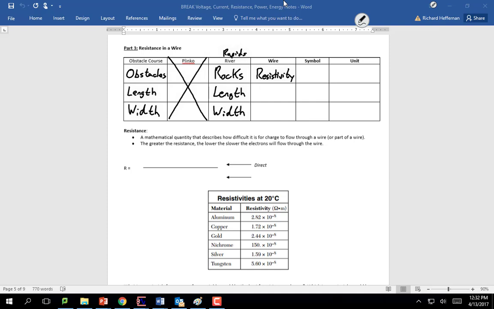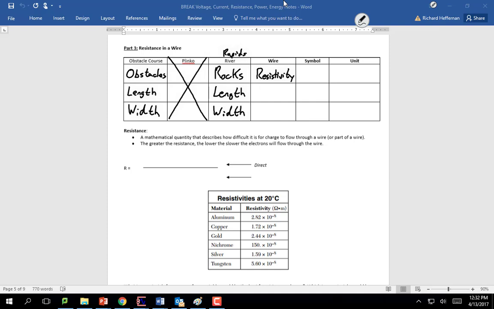Resistivity, not resistance. I'm going to point out again that resistivity is not the same word as resistance, but resistivity is a measure of how much stuff is in the way in your wire, whether it be similar to the rocks or similar to the obstacles. It's a measure of how good or bad of a conductor that particular material is.